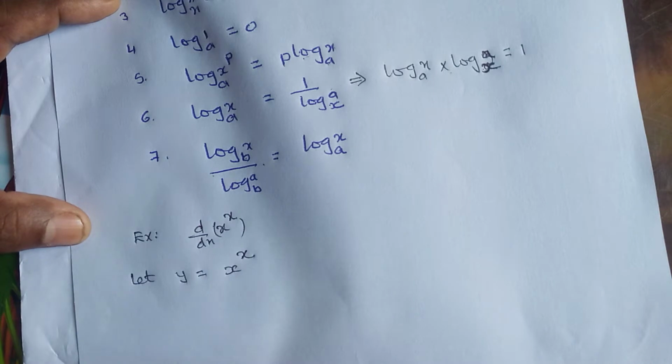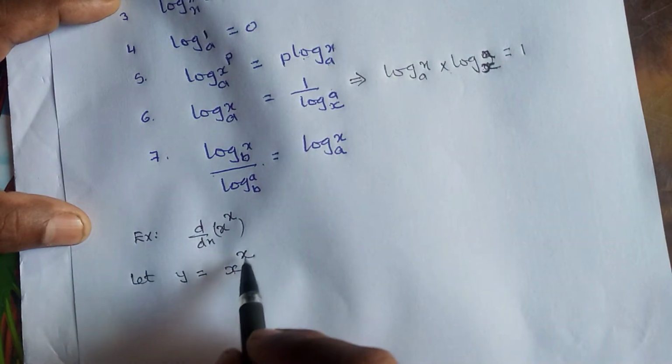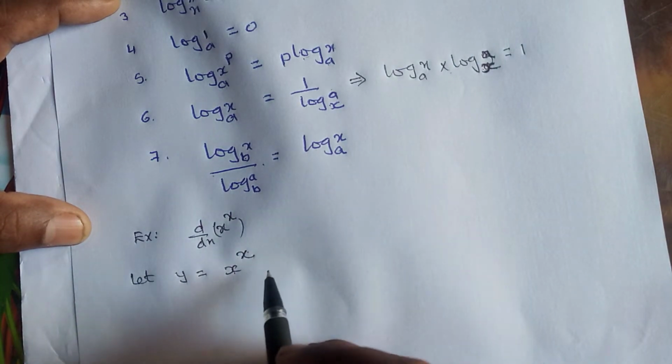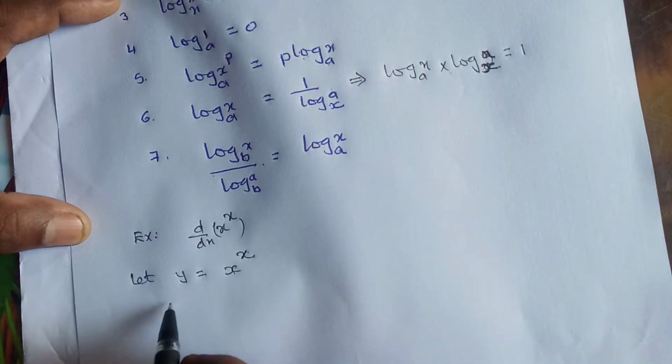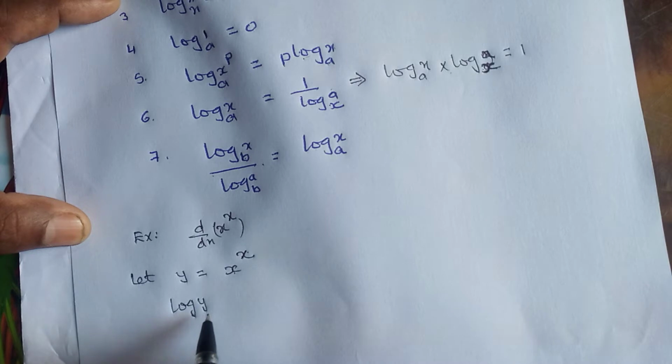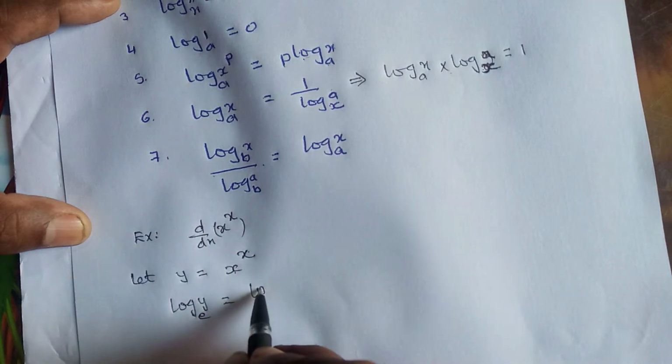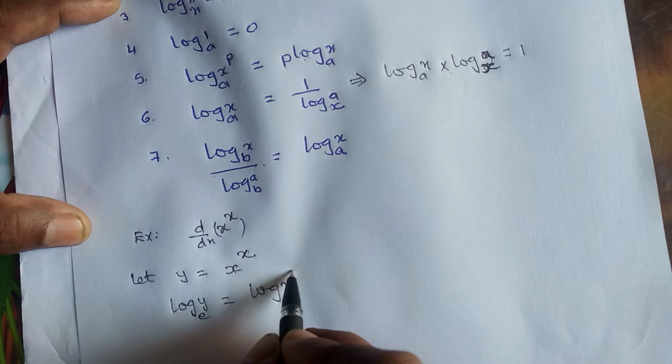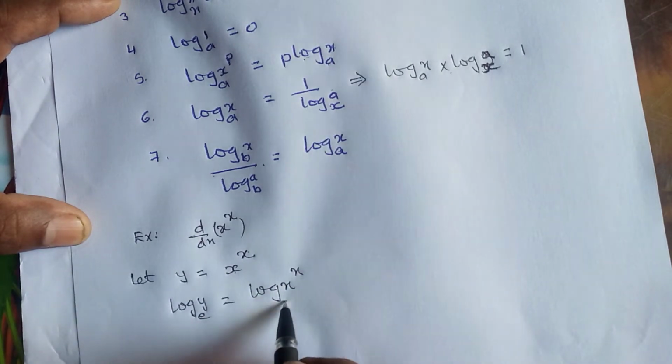Since it is in power form, you have to use the logarithm. Applying log on both sides, log y equals log of x to the power of x, base e. If no base is given, it means base 10 in some cases, but we always use base e.